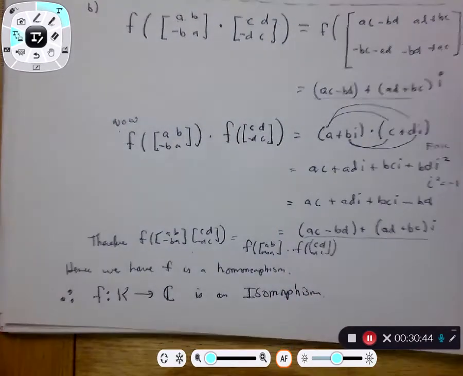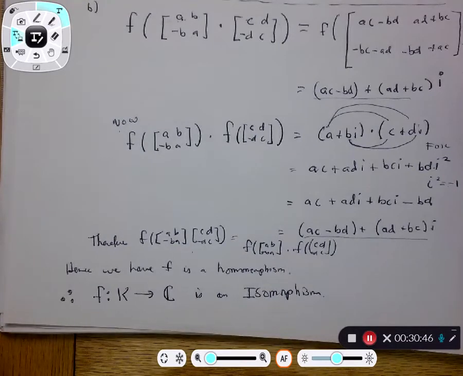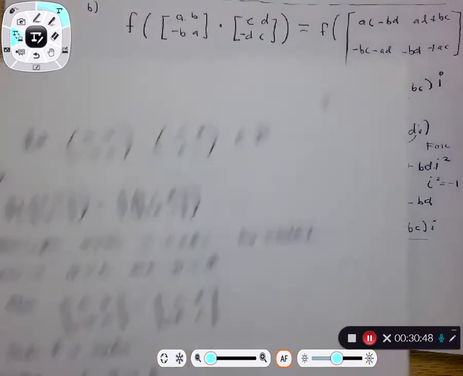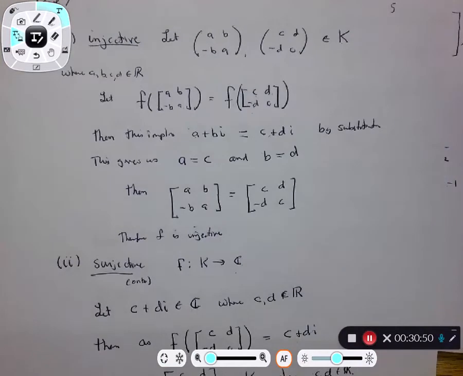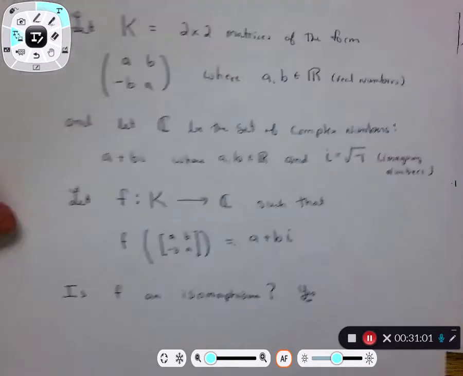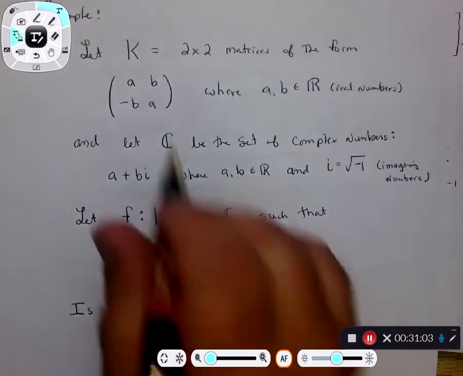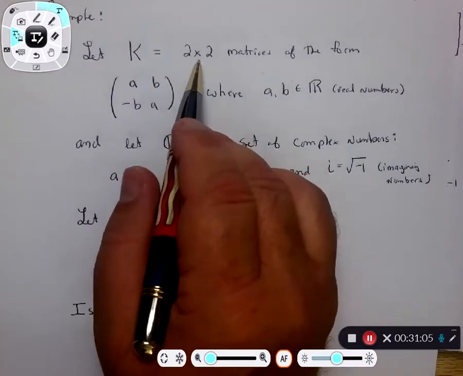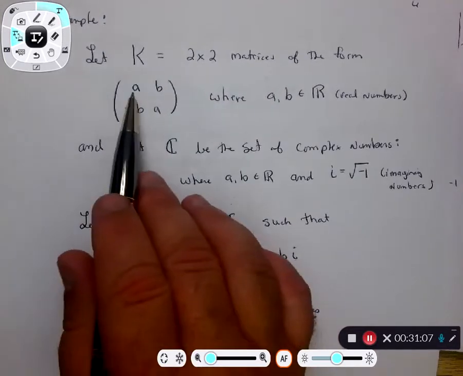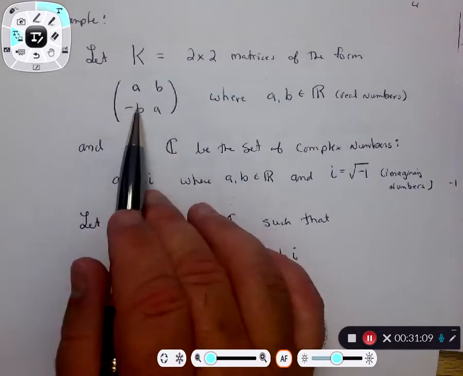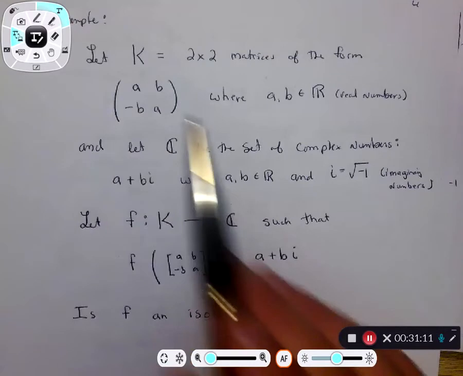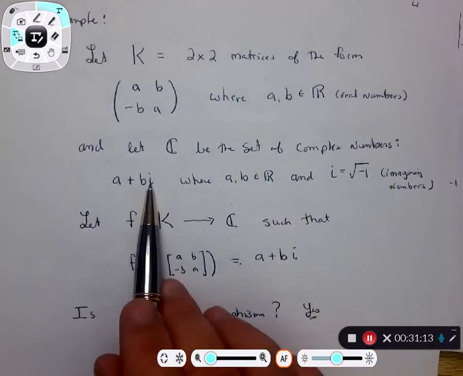What does that actually mean? That means that even though, go back all the way over here, even though we have two different structures here: we got the 2 by 2 matrices in the form of (A, B, negative B, A), and we got the complex numbers of the form A plus Bi.